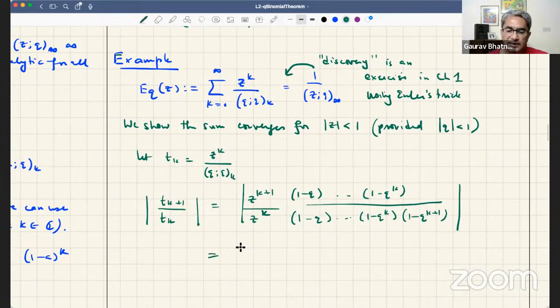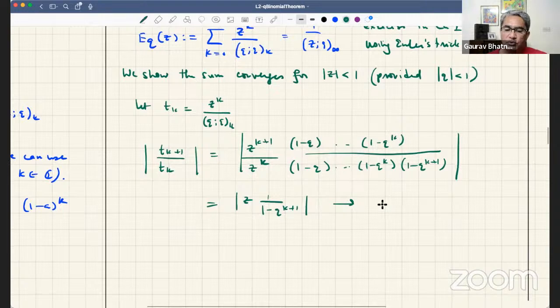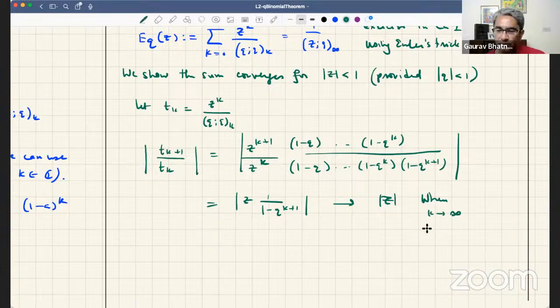So most of these cancel and you get z times 1 over 1-q^(k+1). This goes to absolute value of z when k goes to infinity, because q^(k+1) goes to 0.